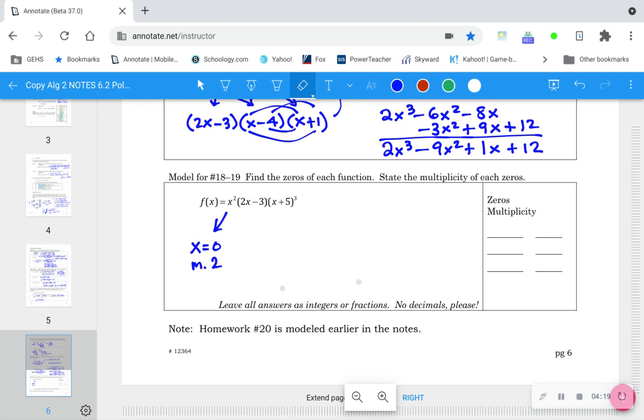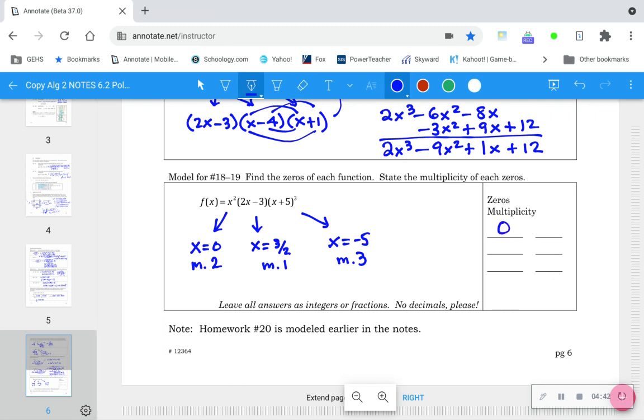They both give 0, so the multiplicity is 2. The middle one, when you set it equal to 0, gives 3/2, and it already shows up once. And the last one is negative 5. And since it's written out x plus 5 times x plus 5 times x plus 5, it would show up 3 times, and the multiplicity is considered to be 3.